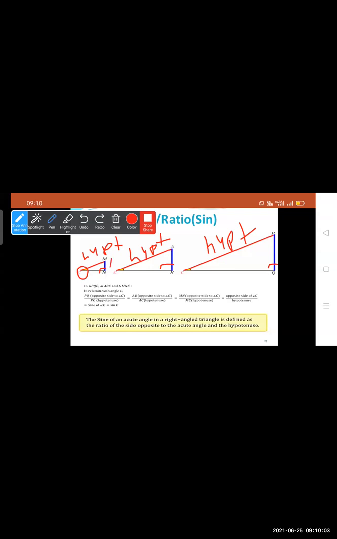For triangle ABC, C is the angle and AB is the opposite side, called the perpendicular side. Similarly, in the third figure PQC, PQ is the opposite side to angle C. So for this figure we write sine C is equal to opposite side upon hypotenuse, that is AB upon AC.